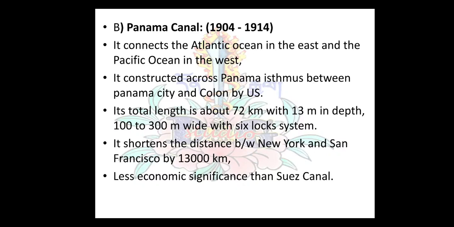This canal is not sea level based. Because of that, in order to move ships from the Atlantic Ocean to the Pacific Ocean, they have made 6 lock systems to pass ships from the Atlantic coast through Panama to the Pacific coast.